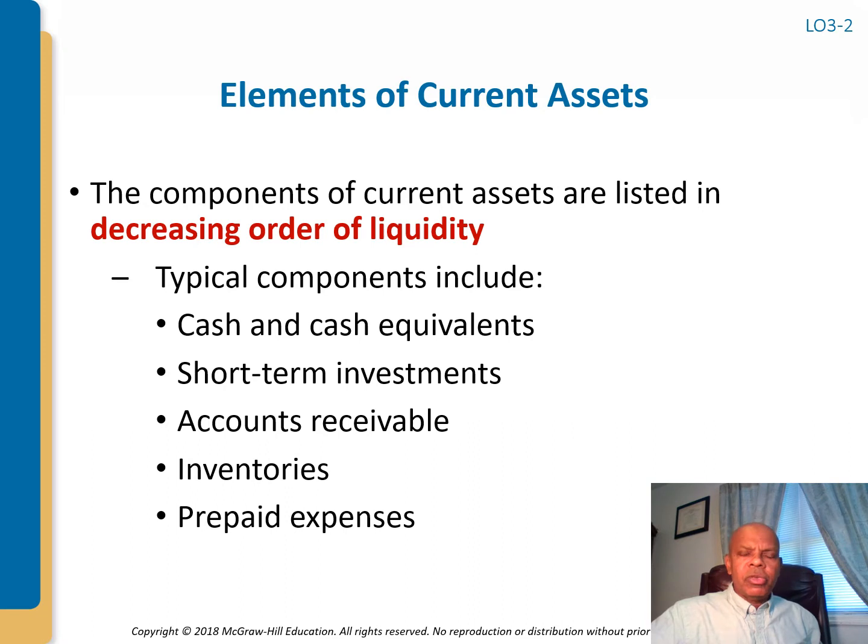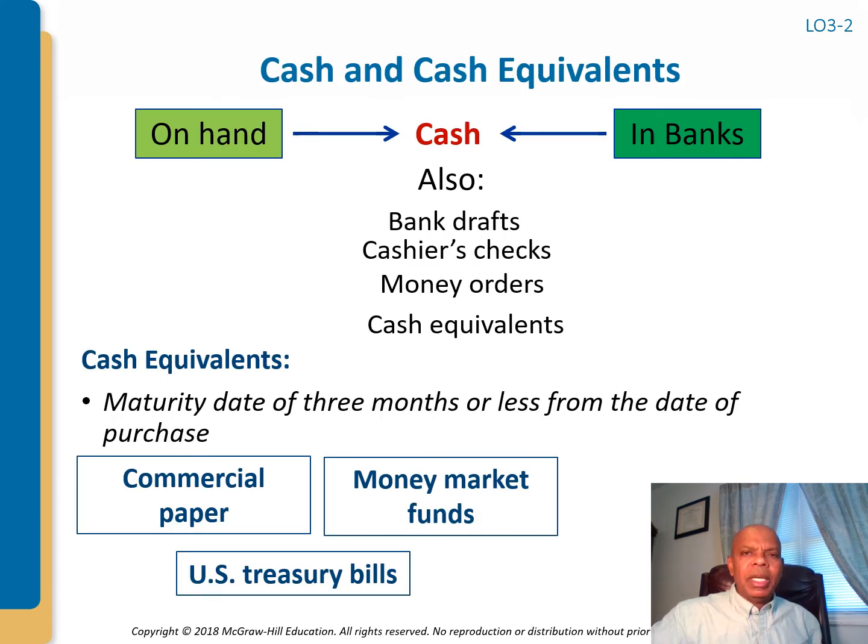Again, here are the elements of current assets, the typical components: cash and cash equivalents, short-term investments, accounts receivable, inventory, and prepaid expenses. The components of current assets are listed in decreasing order of liquidity. Remember, the most liquid items we list at the top. Cash and cash equivalents: you have cash on hand and cash in banks.